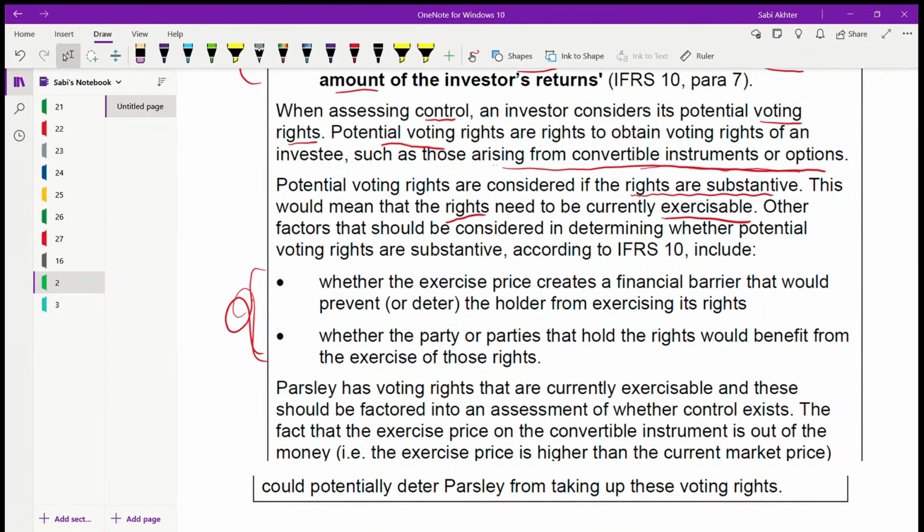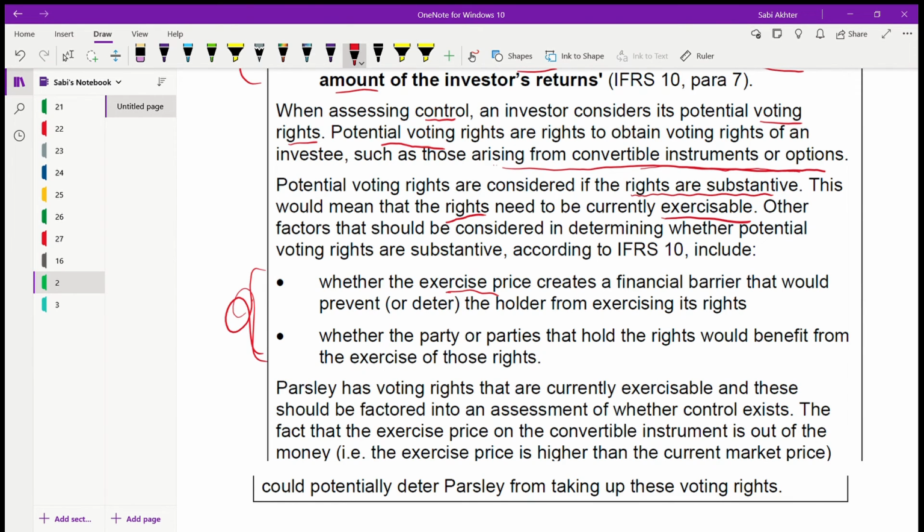Whether the exercise price creates a financial barrier that would prevent or deter the holder from exercising his right. You see the exercise price. Is it too high? Is it too low? The exercise price should be favorable to you, because if it's not favorable, you will definitely not exercise that option, right? So if you do not exercise your right, your potential voting right will not increase.